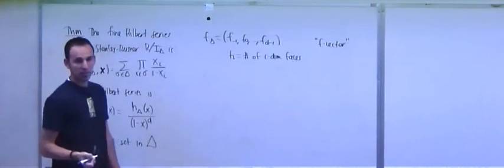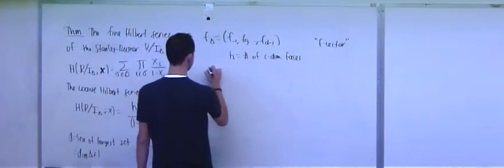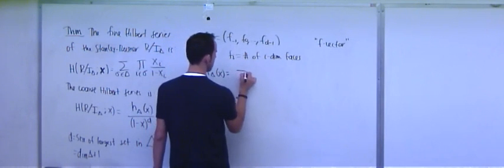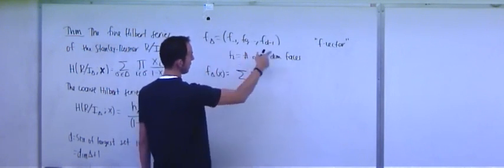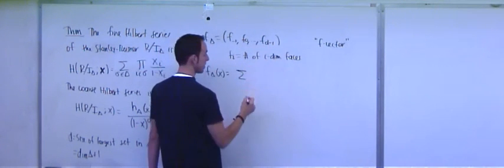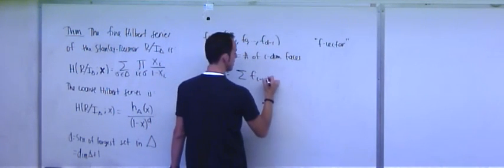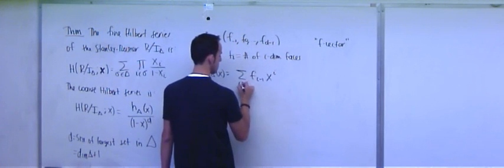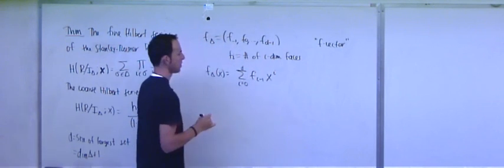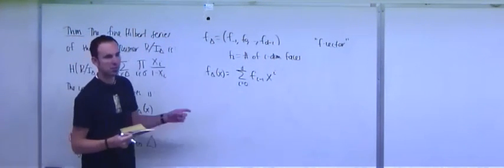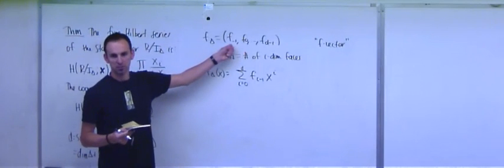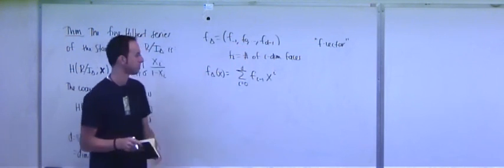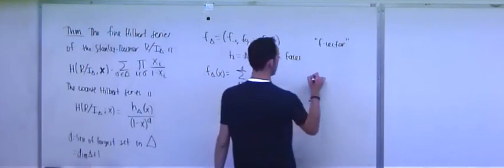The next thing I did is I made a polynomial out of this, which I'm just going to call f delta of x, and that's just taking this guy and making a polynomial of degree d out of it. Okay, so here the indexing is a little bit weird because we want this to be a polynomial, and so we don't want to put an x to the minus 1 here. And so that's why I say f minus 1 x to the 0 plus f0 x to the 1, etc. So this guy is called the f polynomial.